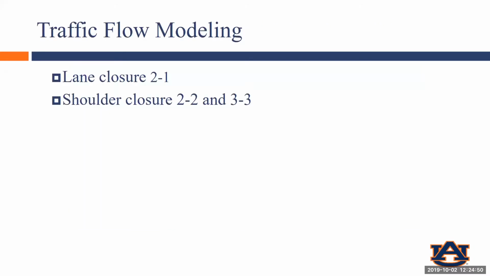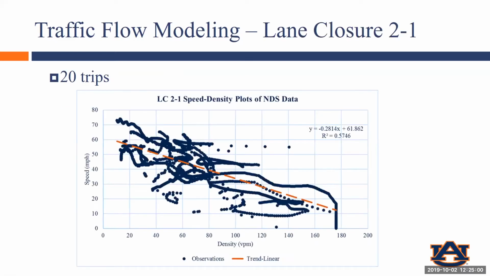Okay. Then we look at the traffic flow modeling for the lane closure 2-to-1, the shoulder closure 2-to-2, and the 3-to-3. This figure just shows the total of 20 trips, and each trip has one dot every 0.1 second.